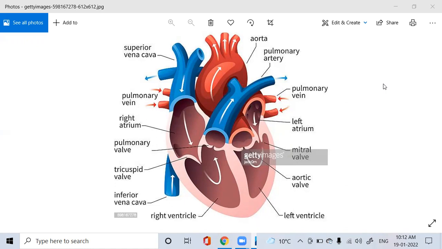And you can see the heart is divided into left and right parts by a thick vertical muscular wall. See, this is what I am talking about.